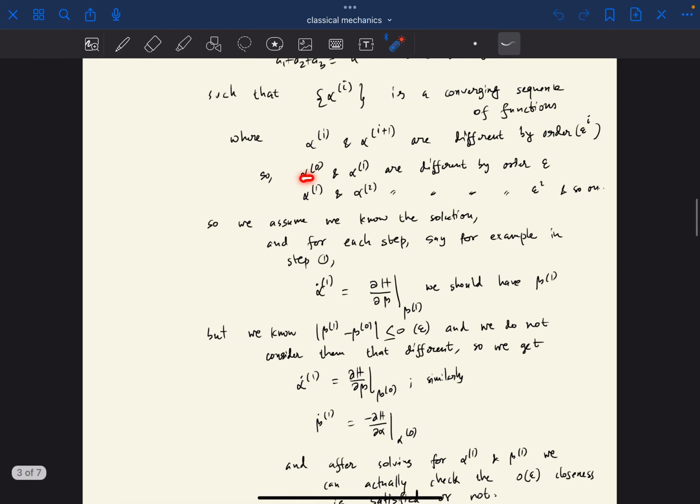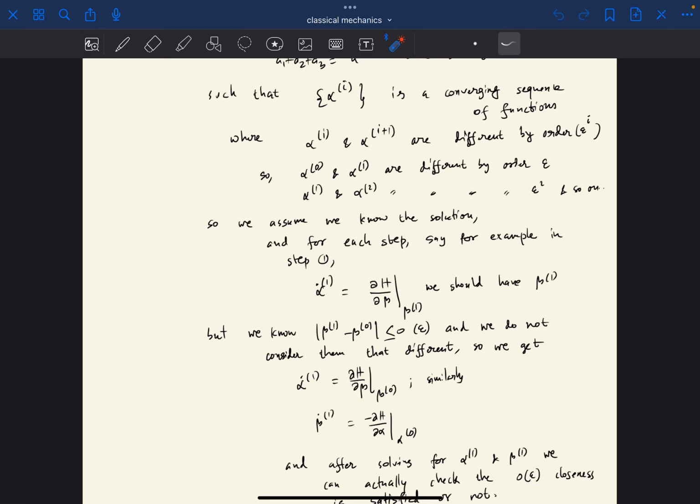So alpha 0 and alpha 1 differ by order epsilon, alpha 1 and alpha 2 differ by order epsilon square, and so on.